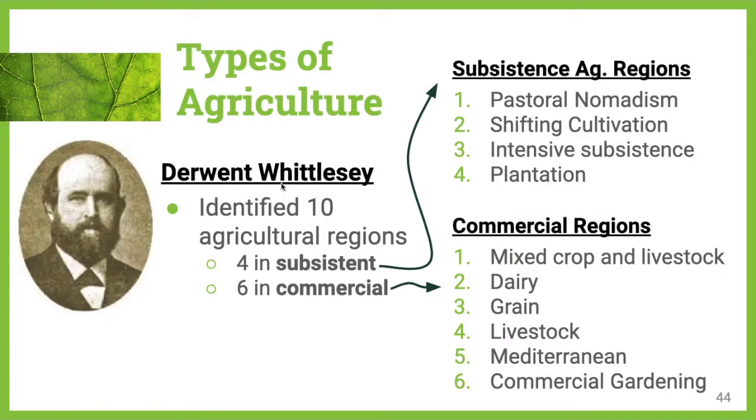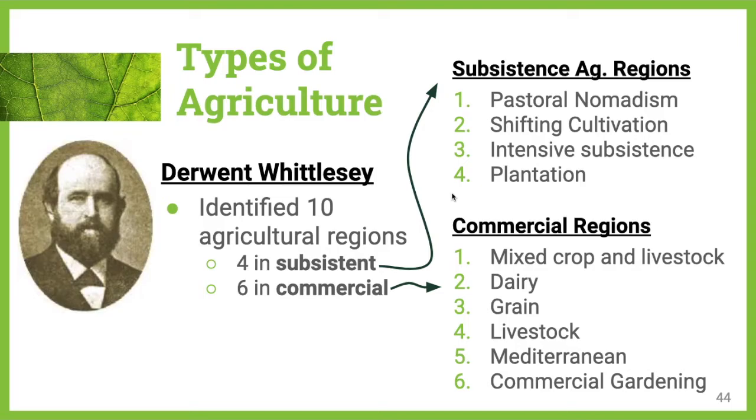Derwent Whittlesey is an important character in agricultural geography. He identified these 10 specific agricultural regions, some of them subsistent, some of them commercial, that we're going to look at throughout this section. Let's take a look at subsistence agricultural regions first.